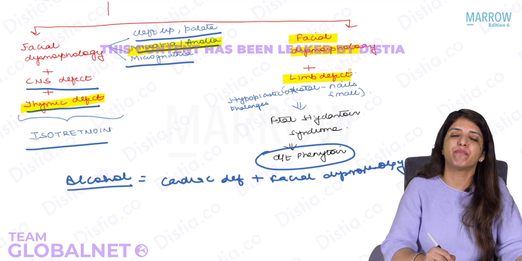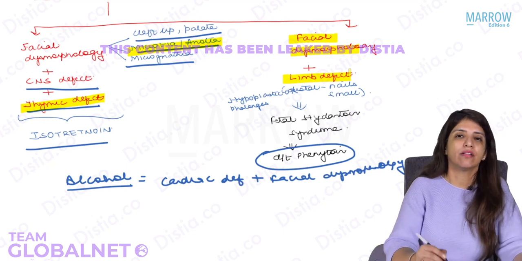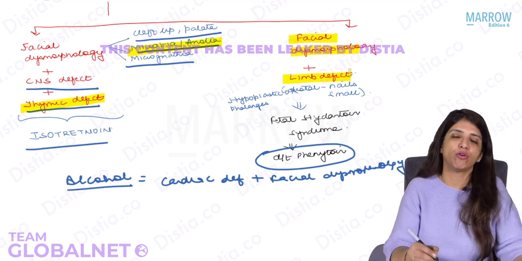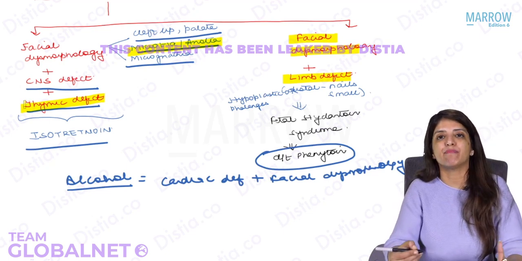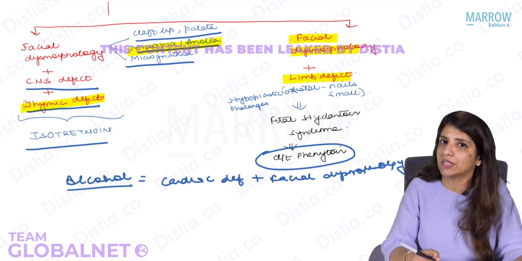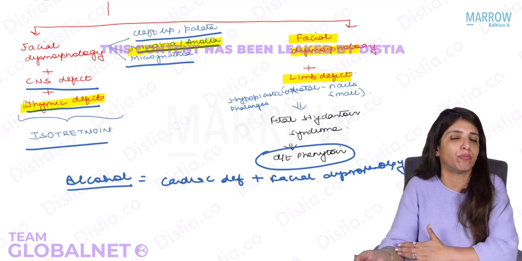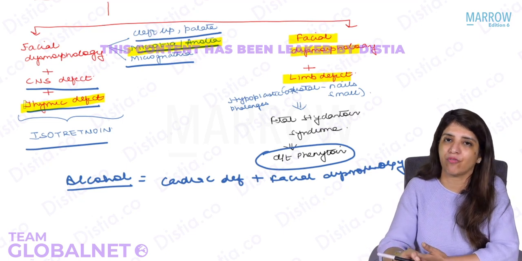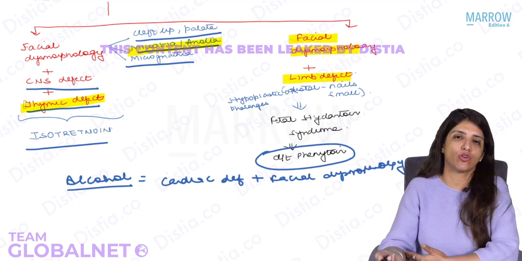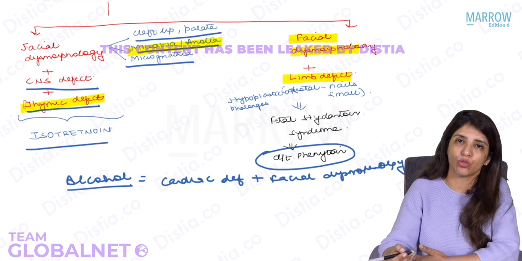Right? So if a substance abuse history is present, then it means they are talking about fetal alcohol syndrome. If your patient is having epilepsy and an anti-epileptic drug was given, because of which the facial dysmorphology is there and cardiac defect is there, then it means they're talking about fetal hydantoin syndrome.